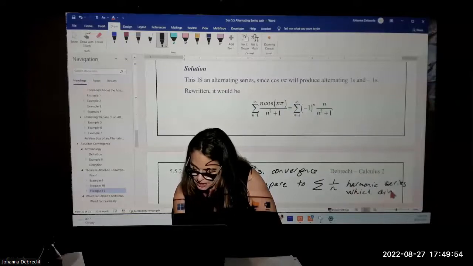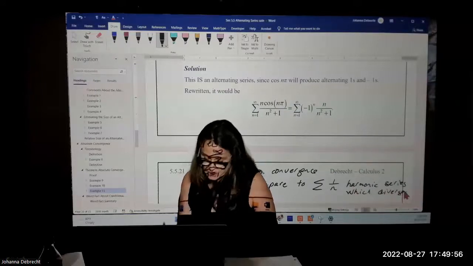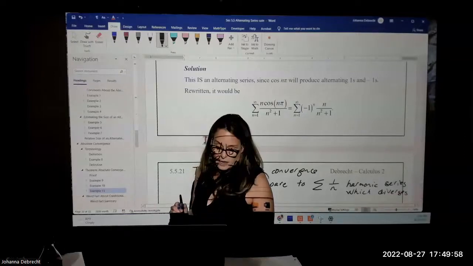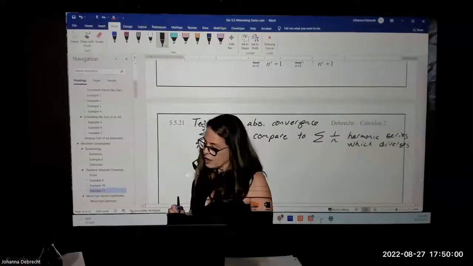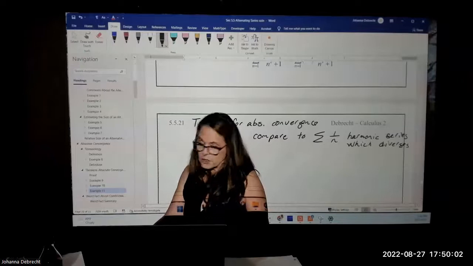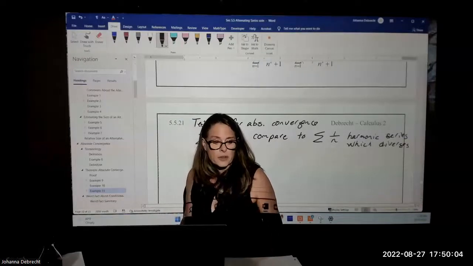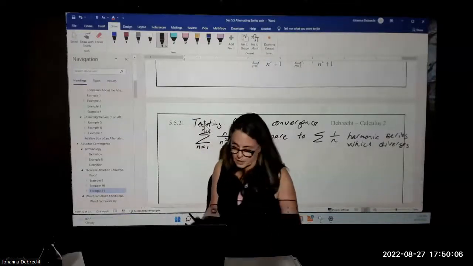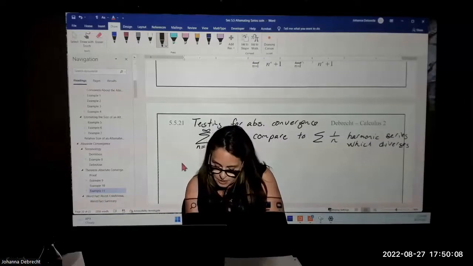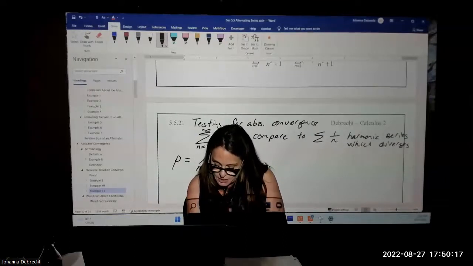So you can use the divergence test or you can use the limit comparison test, whichever one you prefer. Probably for this particular one, it would be just as easy to go ahead and do the limit comparison test. So we're going to do the limit comparison test. We're finding the value of rho, which is going to be the ratio of the unknown sequence to the known sequence as n goes to infinity.